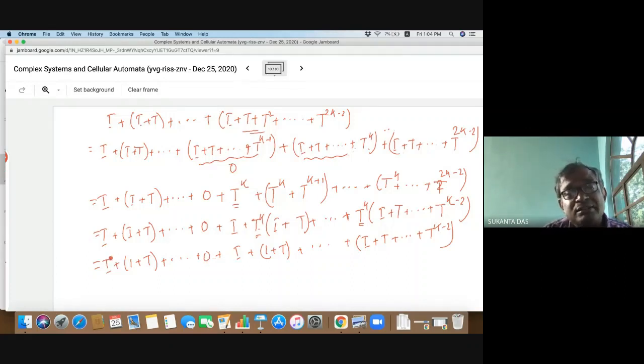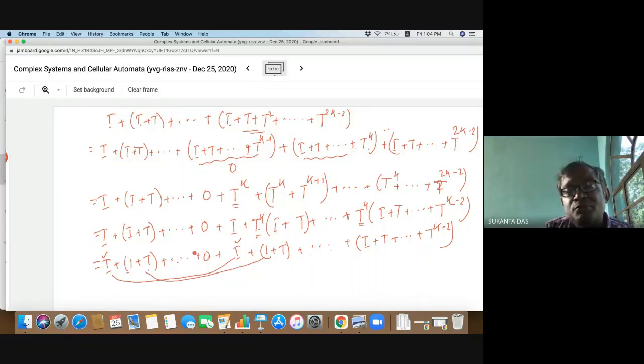Now you see I repeated twice. I plus T, I plus T plus T square, you'll get here I plus T square, right?